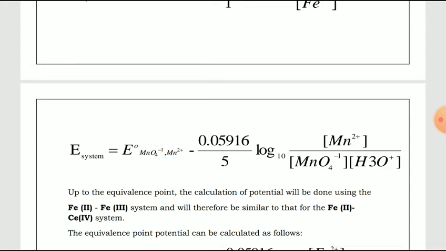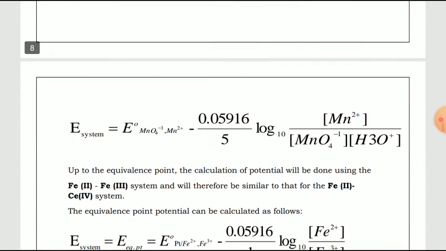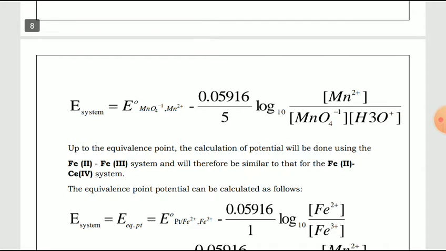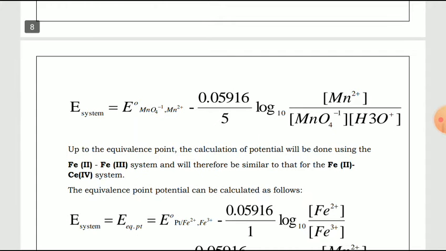The equivalence point potential can be calculated as follows. E system is equal to E equivalence point, equal to E naught Pt Fe2 plus to Fe3 plus, minus 0.05916 upon 1 log to the base 10 of the concentration of Fe2 plus upon concentration of Fe3 plus.